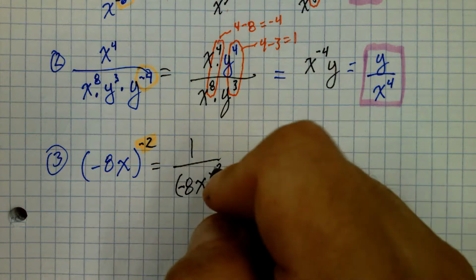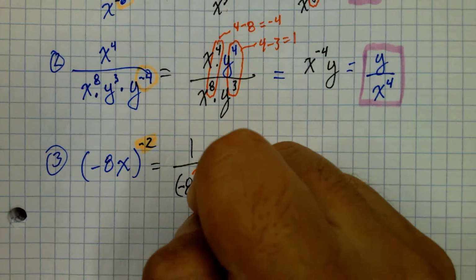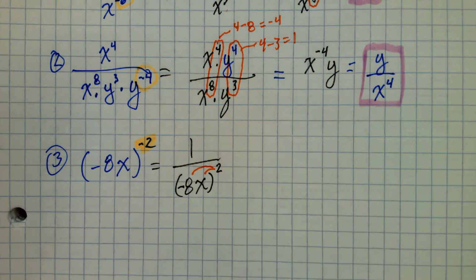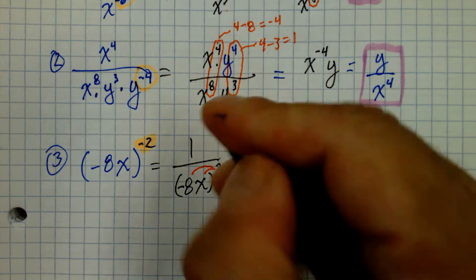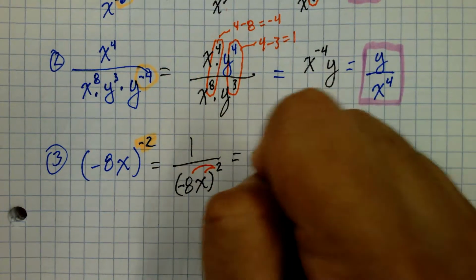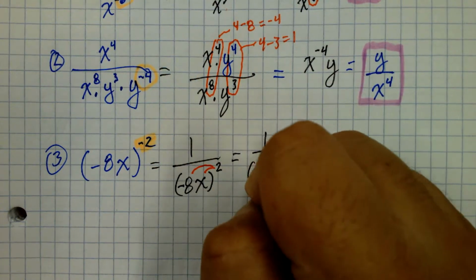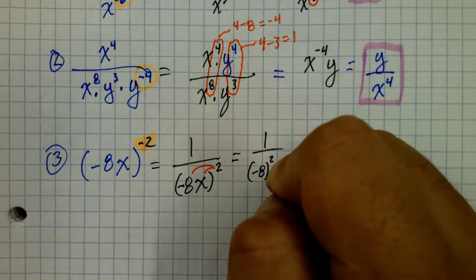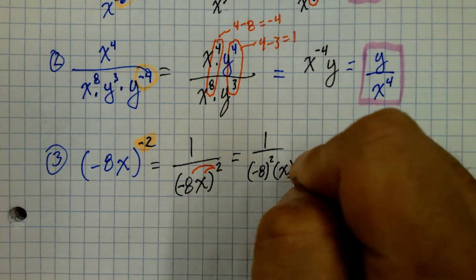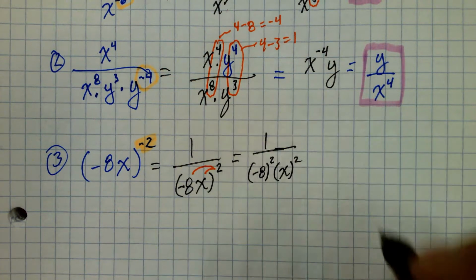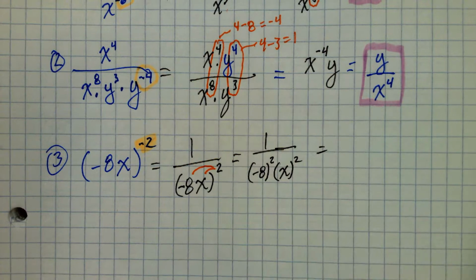Okay, so now, remember what we do with that? So I got 1 over negative 8 squared times x to the second power. And just simplify that.